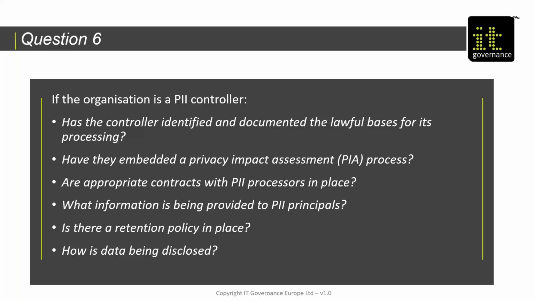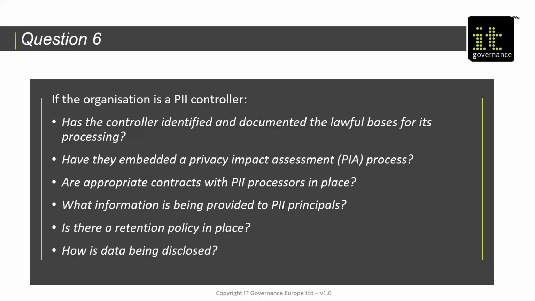What information is being provided to PI principals? So the organisation should provide PI principals with clear and easily accessible information, identifying the PI controller and describing the processing of their PI. This information should be provided to PI principals in a timely, concise, complete, transparent, intelligible manner using plain language as appropriate to the target audience.